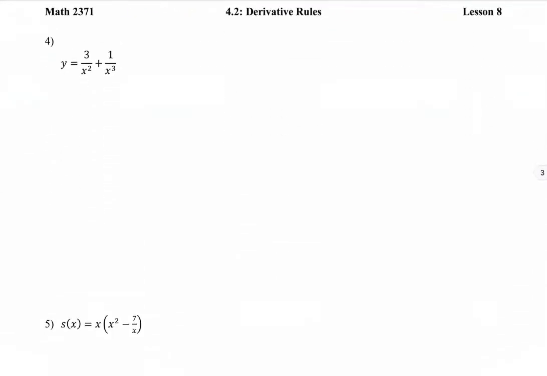Now, first, you have to rewrite your original question. So this is y equals 3x to the negative 2 plus x to the negative 3.